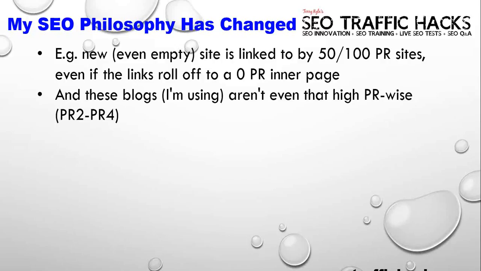Now, all of the test results that I'll show today and all the ones that I think I've shown so far inside the training aren't even that high PR-wise. So PR2, a lot of PR3s in there, up to PR4 maximum, nothing higher than PR4 for all of these links. So again, that makes it more cost efficient.